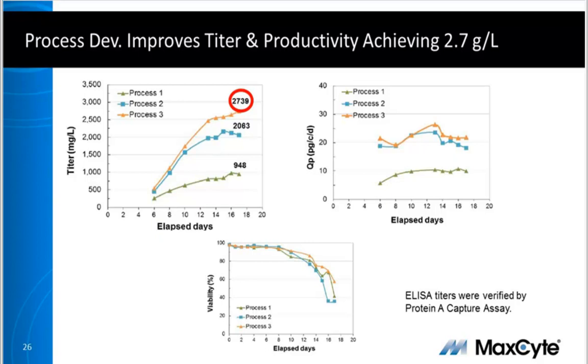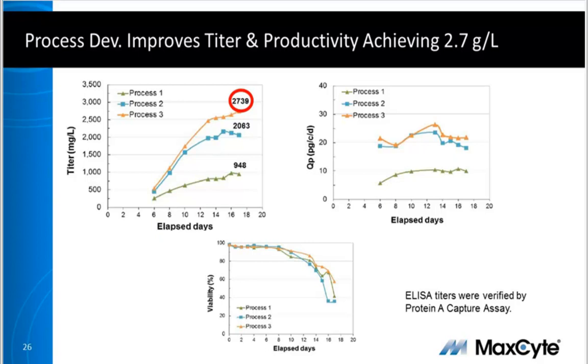Process 1 replicated the conditions from the previous experiment and again gave titers of around 1 gram per liter. However, you can see through a small degree of process development, we were able to push transient antibody titers in a CHO cell to nearly 3 grams per liter while still using commercially available base media and feed supplements.